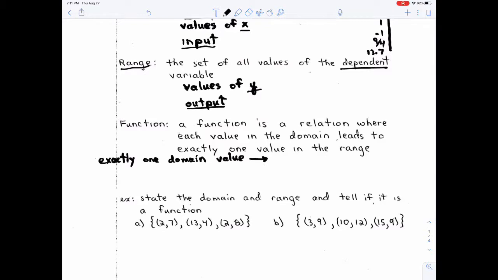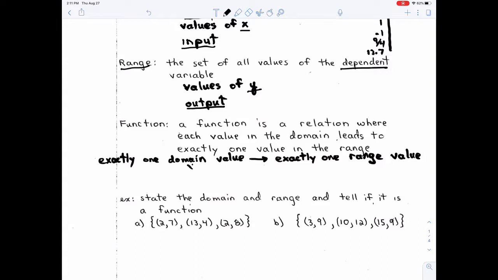Exactly one domain value leads to exactly one range value. Now, how else could I express this?